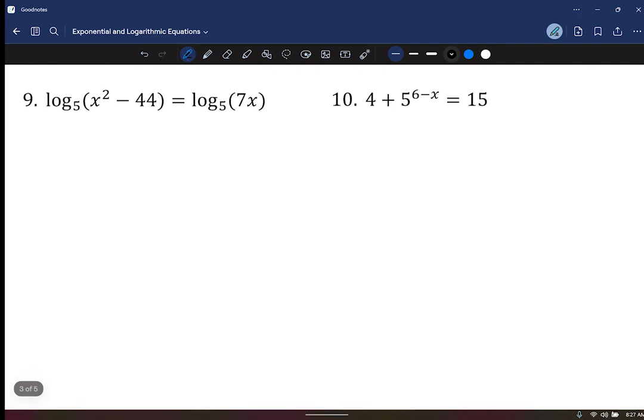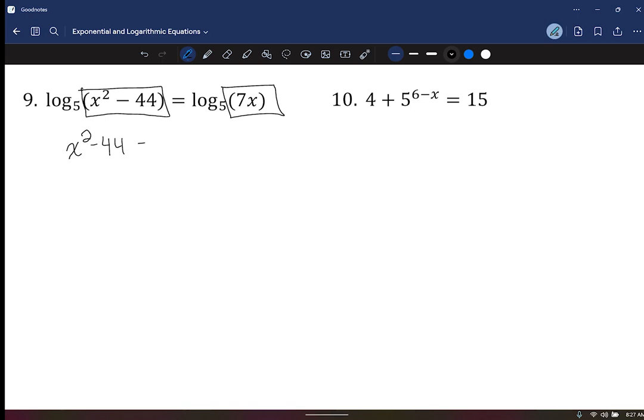All right, so number 9. On this one, I see that I have a log base 5 of x squared minus 44 is equal to a log base 5 of 7x. If you have a log base 5 equal to a log base 5, that means these parts have to be equal. So I'm just going to set them equal to each other.